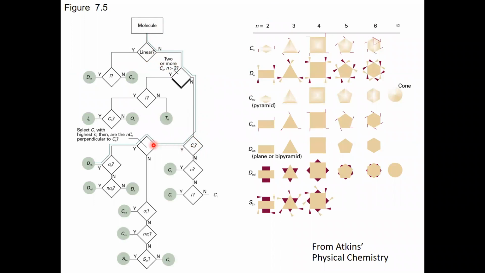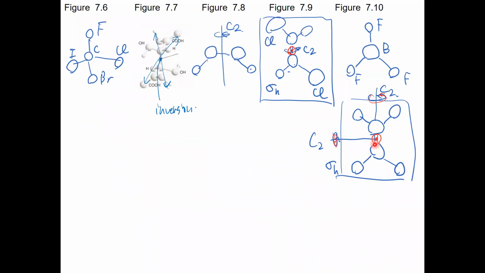And do you have a Cn operation? Yes. And then this is a little bit complicated, but select Cn with the highest n, and then the C2 perpendicular to Cn, meaning a situation like this one. You have a molecular axis in the center here, and perpendicular to this axis you have two C2 operations, right?